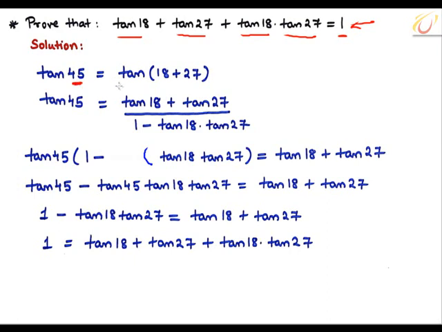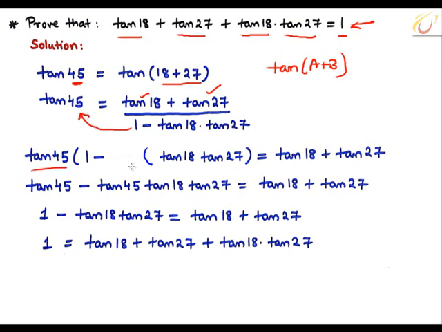Tan 45 can be written as tan 18 plus 27. So apply the formula of tan A plus B. If you do that, you will get tan 18 plus tan 27 upon 1 minus tan 18 tan 27. Move this thing to your LHS.